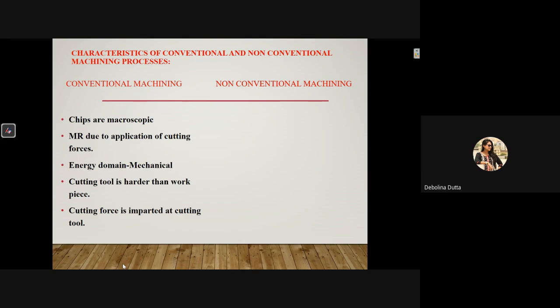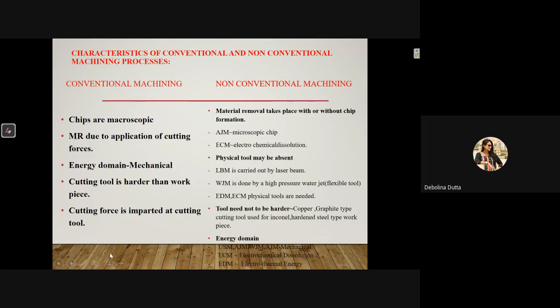Now, in the non-conventional machining process, material removal takes place with or without chip formation.